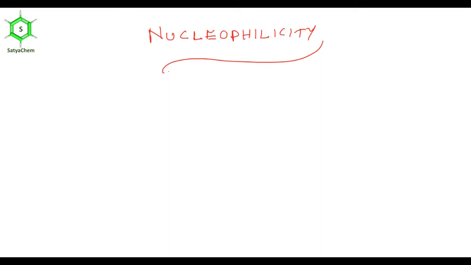The term nucleophilicity is considered to be the ability of a Lewis base to act as a nucleophile and is measured by the relative rate of nucleophilic substitution reaction of different nucleophiles with a common substrate.